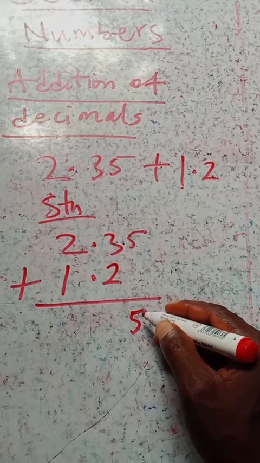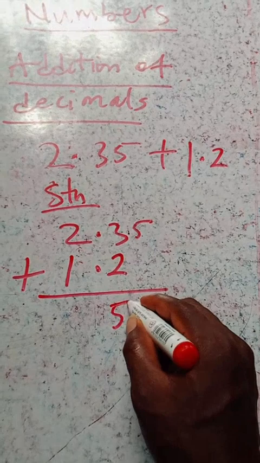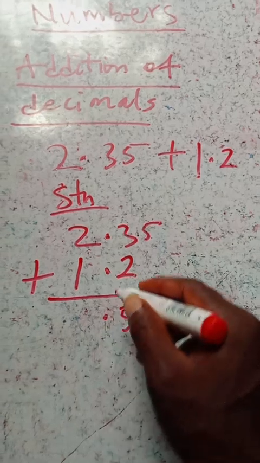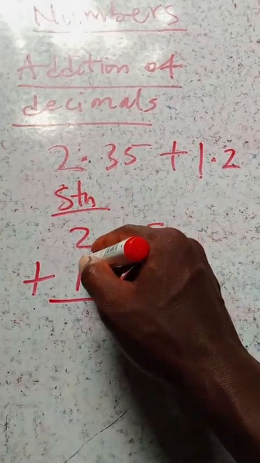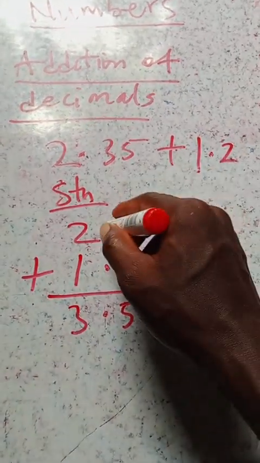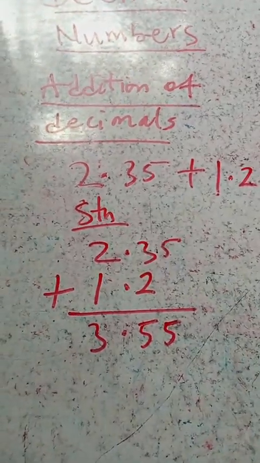Then 3 plus 2 is 5, and you bring down the decimal point, and then you add 2 plus 1, which is 3. Are you seeing it? So the decimal point should be corresponding no matter how the question is.